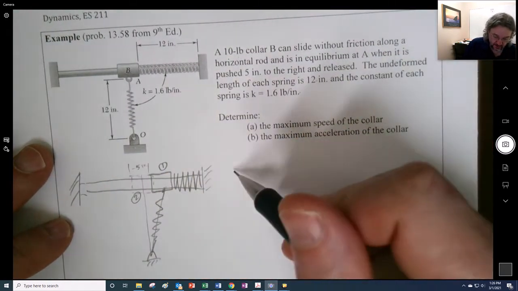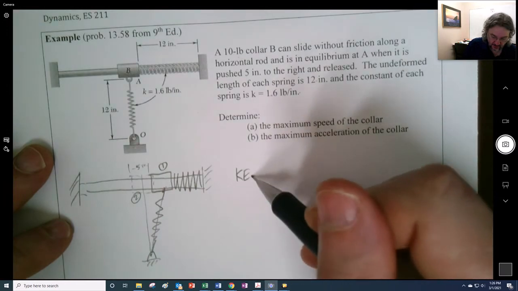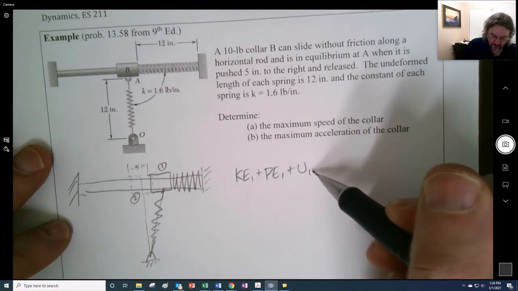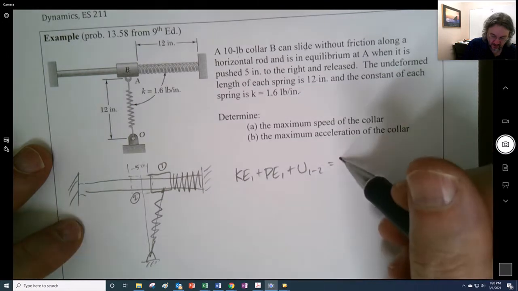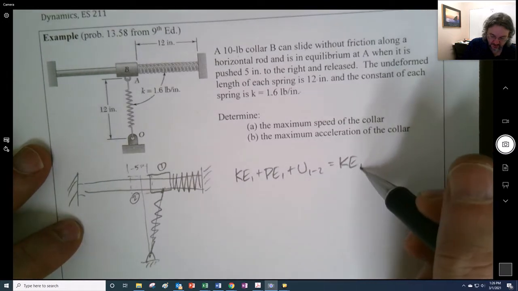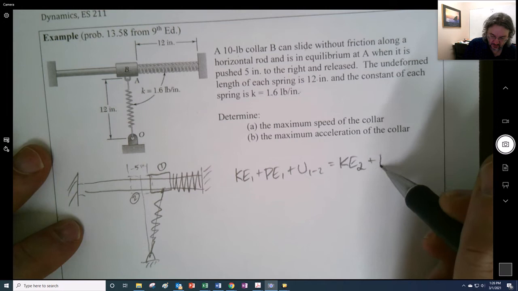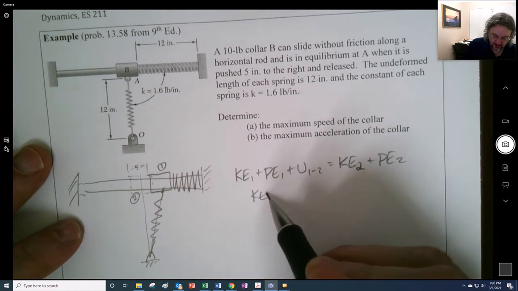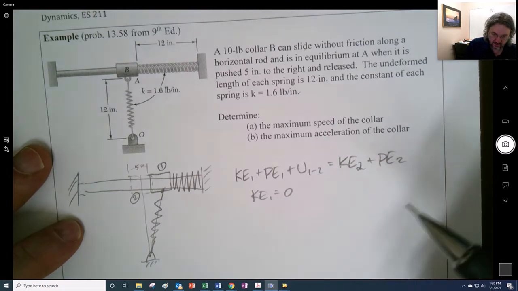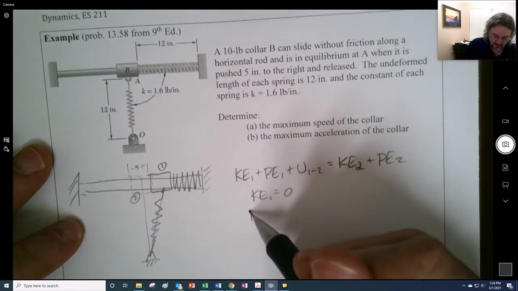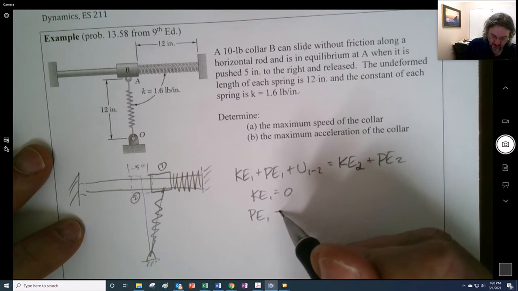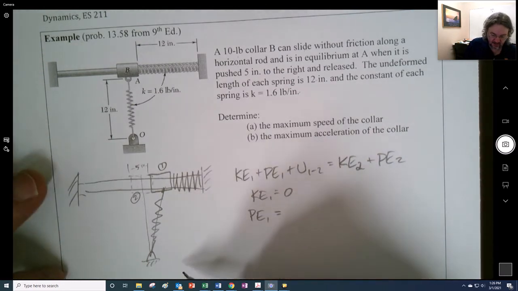And writing this thing out for the main equation for us for work energy, let me start going down the list. Right here, it starts from rest, it's 0. The potential energy at state 1, now that's going to be all about the springs.